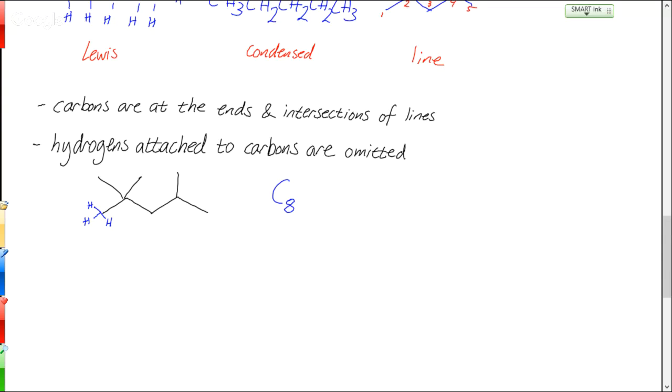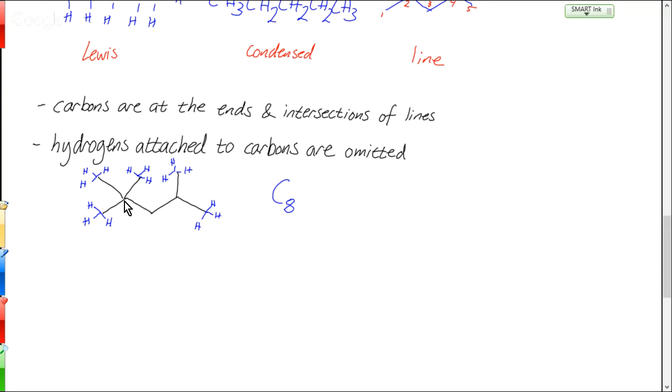And then that's going to be the same for every end of a line. Okay, we can do this one too. And this one. All those ends are going to have 3 hydrogens.